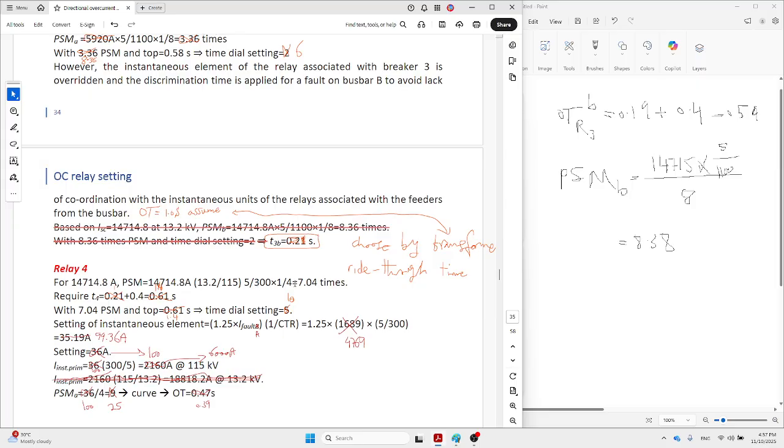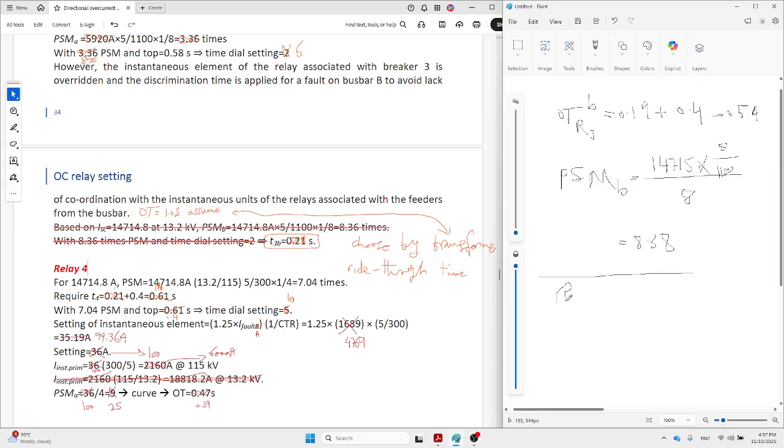Then the CT, then the pickup current. So the PSM for relay 4 is selected as 7 point something. Okay, assume 7. Then the operating time is 1 plus discrimination time. So the operating time for this relay is 1.4 seconds.